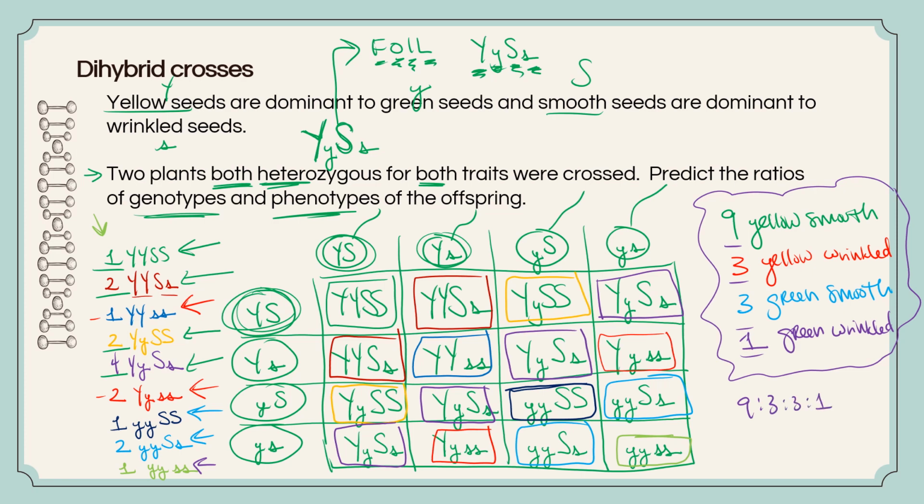If you have a dihybrid cross where both parents are heterozygous for both traits, the ratio of phenotypes will always be 9 to 3 to 3 to 1, where 9 of the 16 offspring should have both dominant traits. 3 out of the 16 should show the one dominant and one recessive, the opposite recessive and opposite dominant, and then 1 out of 16 will have the recessive trait for both. Statistically speaking, of course, this is all about predictions and expectations, not maybe what we actually always see. Good? All right, let's look at another dihybrid cross.